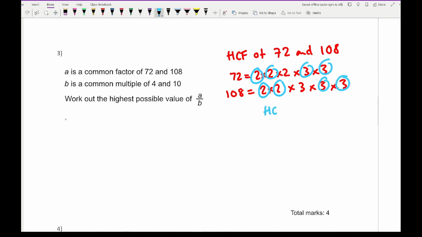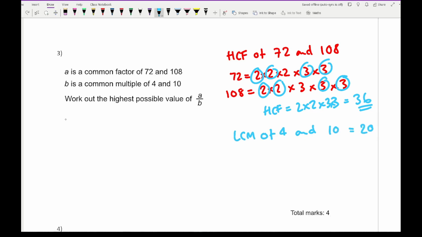So your highest common factor is going to be 2 times 2 times 3 times 3, which gives us an answer of 36. Now for the common multiple of 4 and 10, I can pretty much do that one in my head. The lowest common multiple of 4 and 10 is 20.